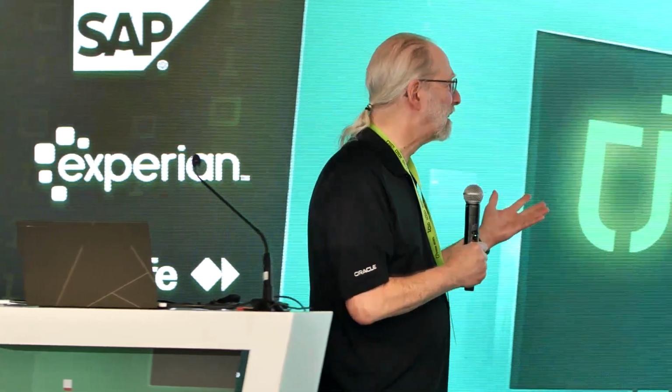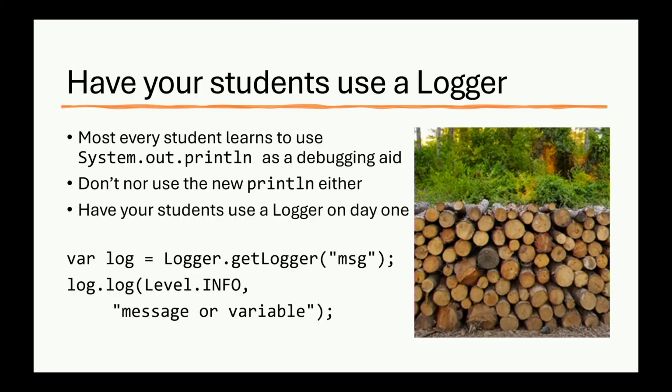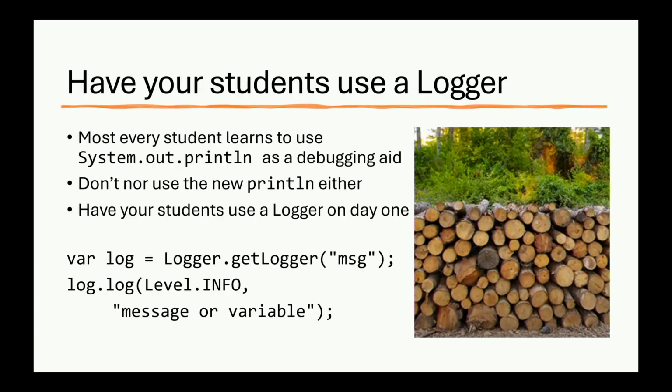So some other points. Get your students to use a logger early, right? It's really easy. I'm sure all of you write a logger and put in the name of the class, .getName. Well, I did that forever, and then for the first time I asked myself, why am I doing that?